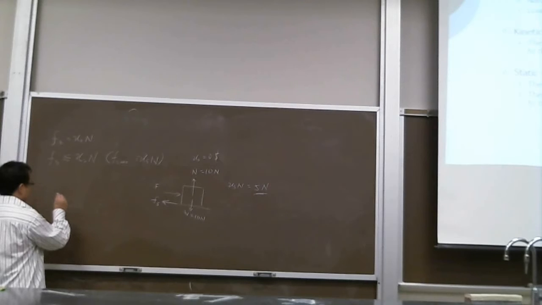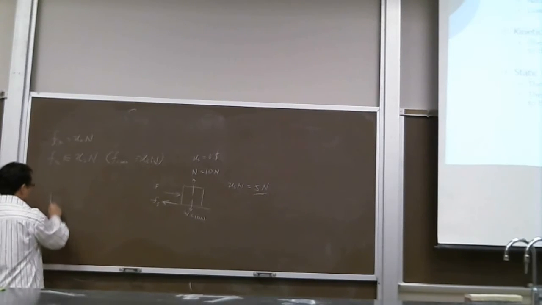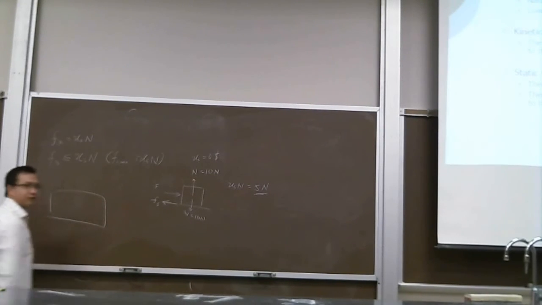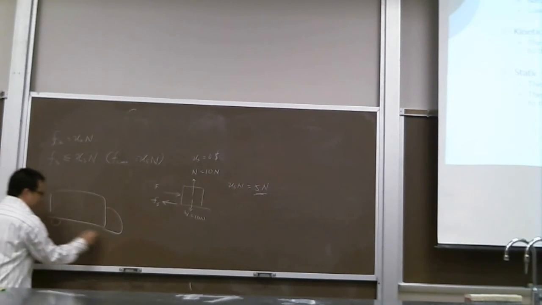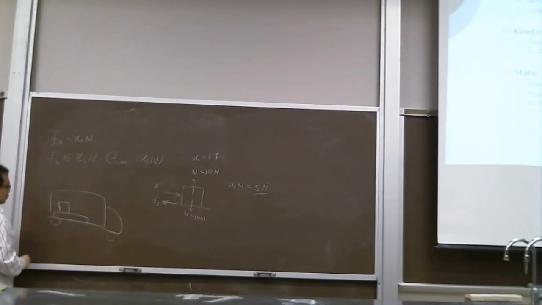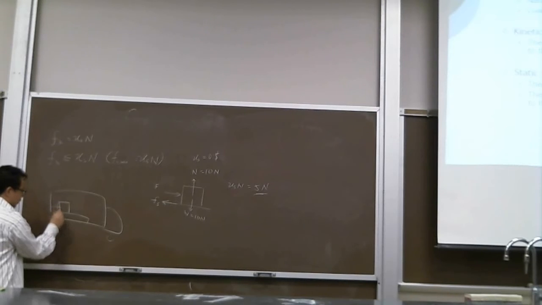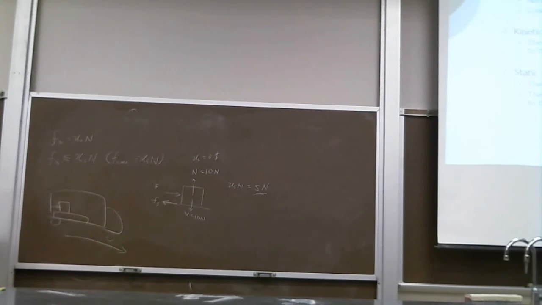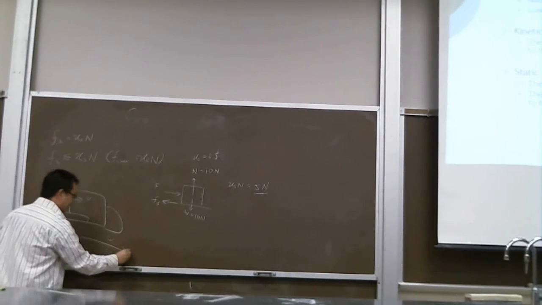This is quite important in another case. Let's say I have a truck, and here someone tries to push. The truck is moving in this direction, so this object is also moving in this direction, if you have some velocity.